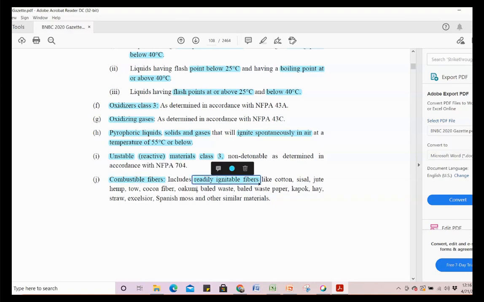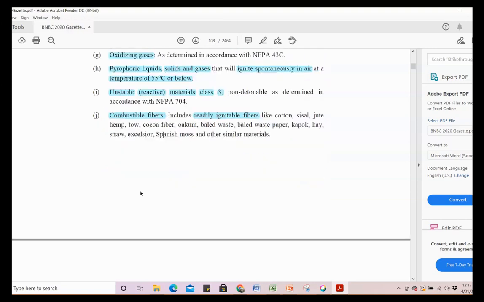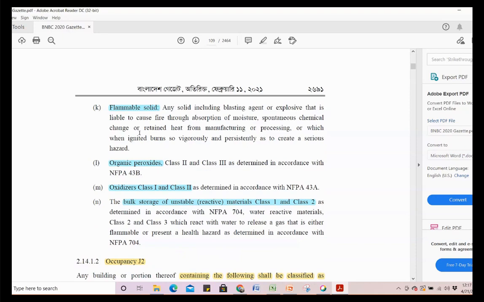It includes readily ignitable fibers like cotton, sisal, jute, hemp, tow, cocoa fiber, oakum, baled waste paper, kapok, hay, straw, excelsior, Spanish moss, and other similar materials. So these are all combustible materials, and there is an exempted quantity for them in Part 4. Above that, they will be categorized as J1. Flammable solids.